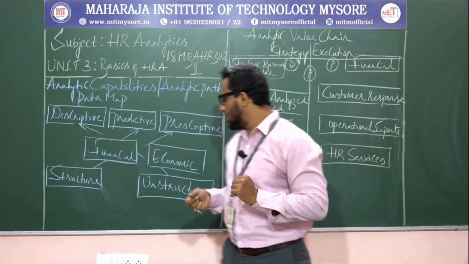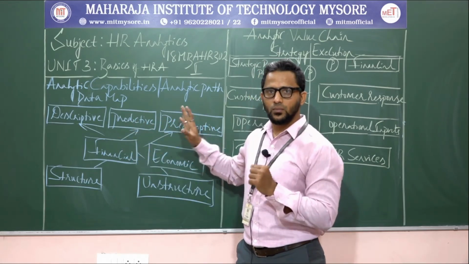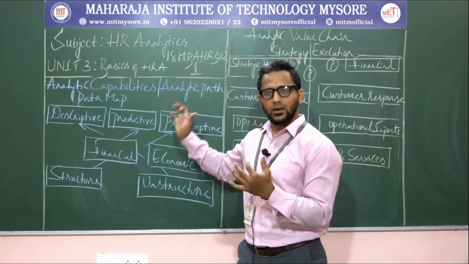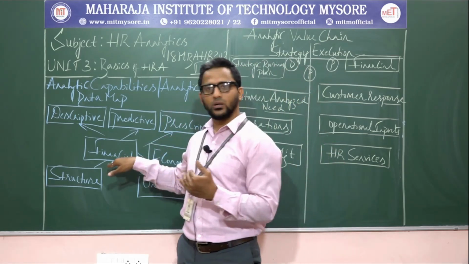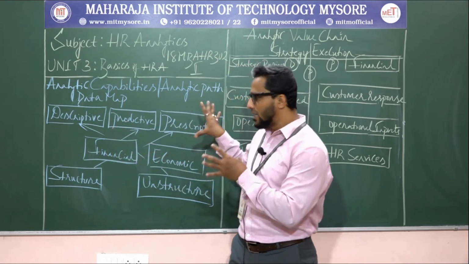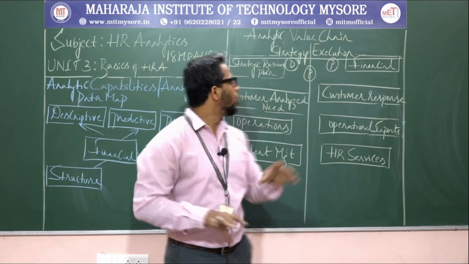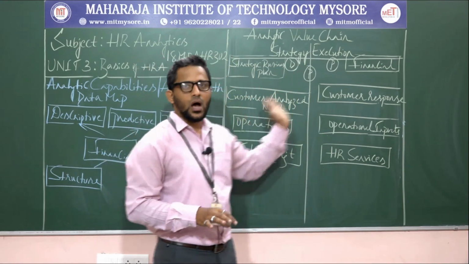So that's what we say now. See, everything is linked to whatever we studied in the previous boxes: the analytics understanding, then the types, and then we came to the values of analytics. Here we took the analytic capabilities, and keeping this diagram also, we are trying to explain the analytic value chain. It can be structured or unstructured.